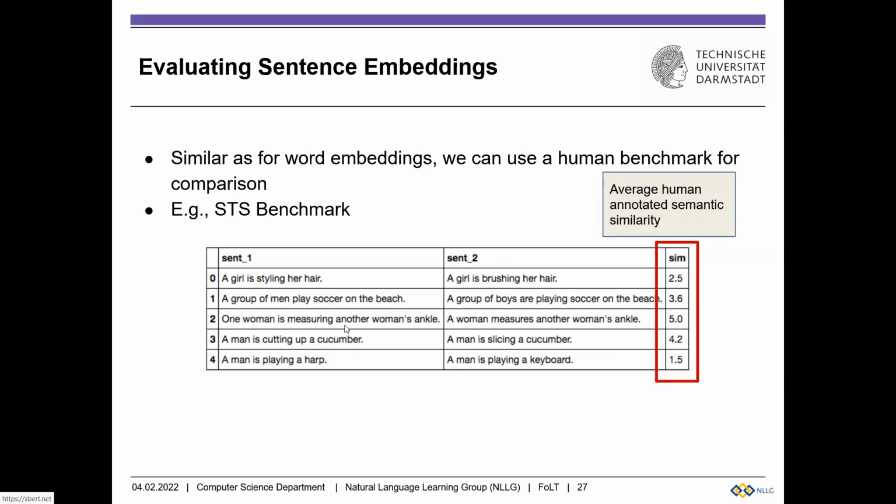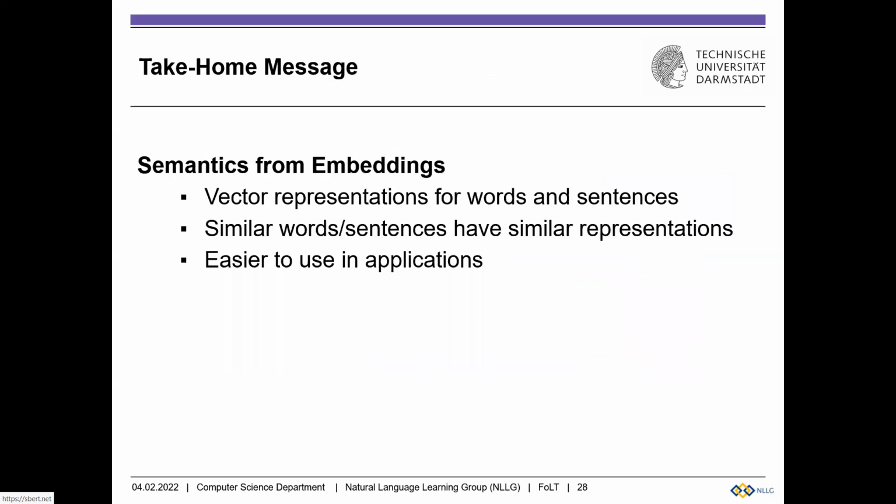One woman is measuring another woman's ankle. A woman measures another woman's ankle, and we see those two are almost perfectly similar, so we have a score of 5.0. And again, what we would do here is compare those human assigned similarity scores to automatic similarity scores induced by comparing the distance or the similarity between two sentence embeddings.